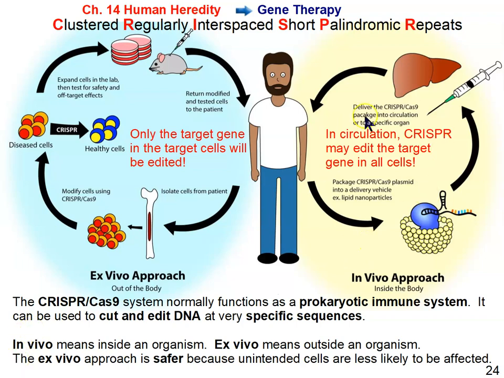The greatest concern, if we go back to the in vivo example, is that the cells that might be edited by CRISPR, if they are simply injected into the body, and therefore there's the potential to edit all the cells of the body, those cells might include what we call the germ line, which are the cells that produce gametes.